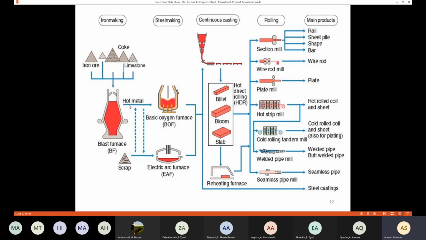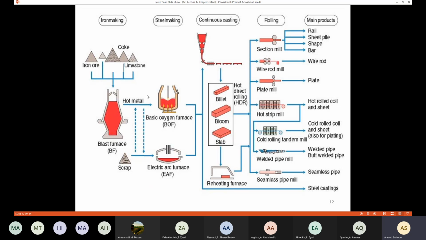So now I'm done with step number 1. I'm going to have the pig iron, which is rich in carbon and also has some impurities. In order to get rid of the excess carbon and the impurities, I either use the basic oxygen furnace or the electric arc furnace.